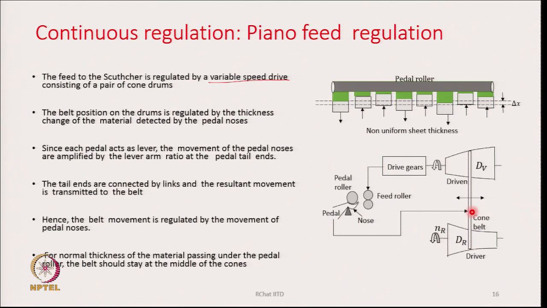For normal or nominal thickness of the material passing under the pedal, the belt should stay at the middle. This belt location should be at the middle when the nominal thickness of material is passing. So, that is the ideal location of the belt.